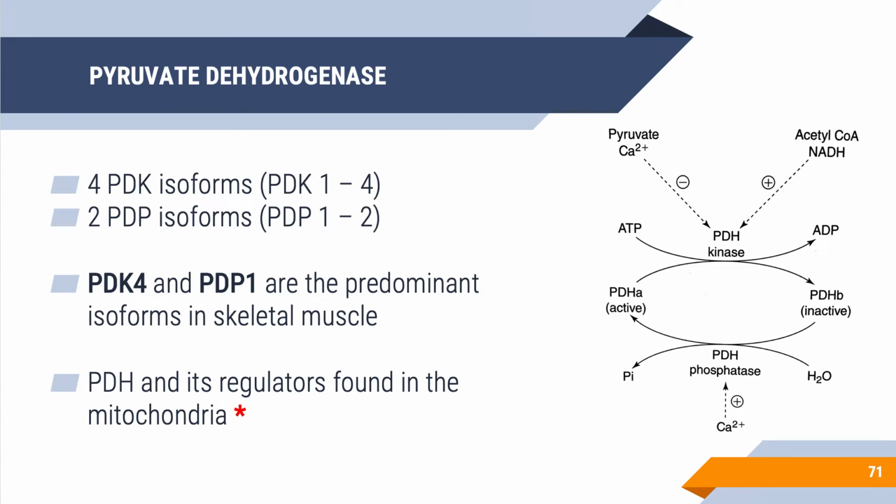PDK4 and PDP1 are the predominant isoforms found in skeletal muscle, and what's important to know is that these regulators, as well as pyruvate dehydrogenase, are found within the mitochondria, which makes sense because this is the committed step to bringing pyruvate into the TCA cycle by turning pyruvate into acetyl-CoA, committing it to the TCA cycle.